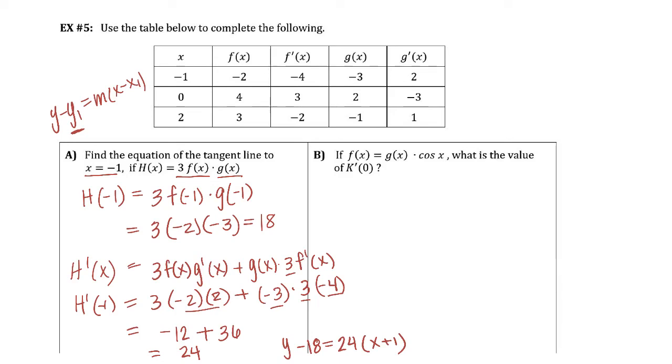Same process again. So we're told that f of x equals g times cosine of x. What is the value of k prime at 0? So let's see. Looking at that, I think she probably meant for f prime at 0. We're going to change that to that assumption there.